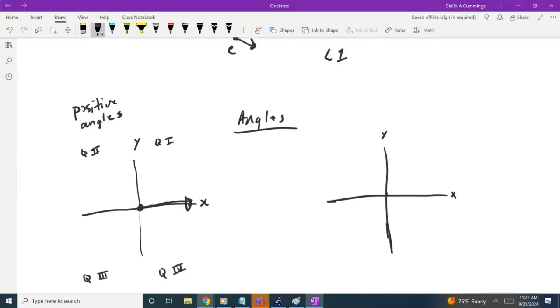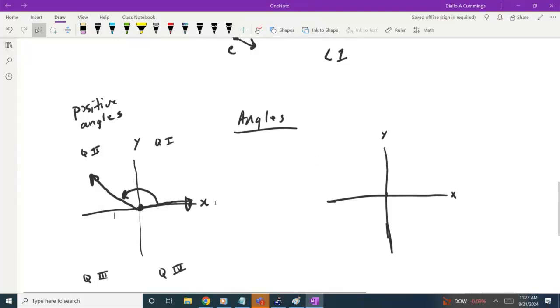Okay, this is still going to play a part because on some of the questions a little bit later in the course, they'll ask you which quadrant does this angle lie in. For a positive angle, the terminal side is rotated counterclockwise. In a lot of these diagrams, you're going to see this little arrow, and this arrow lets you know which way your terminal side is rotated.